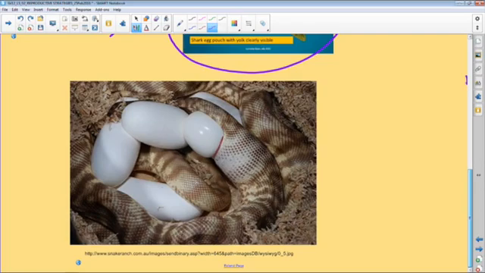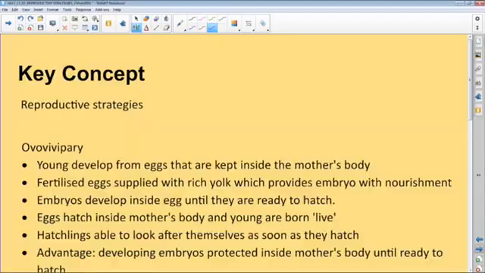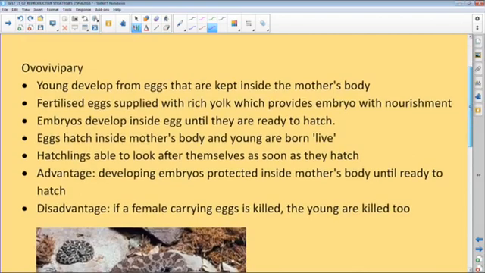Yes. There's an egg. Now that egg, the whole point about this is it's outside of the body. If this mother chose live birth, what would happen? The snakes would be alive and there would be no shells. Okay, very important to have a look at. Next one, key concepts. The next one that we're having a look at, it's ovoviviparous.